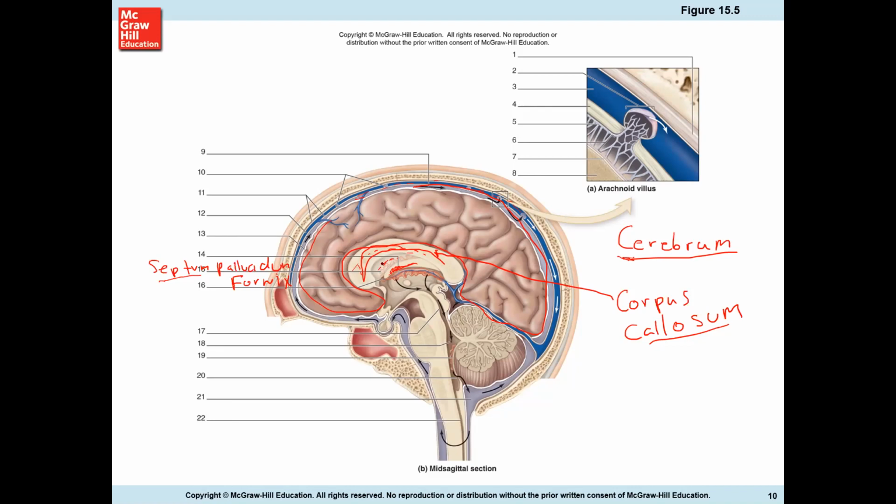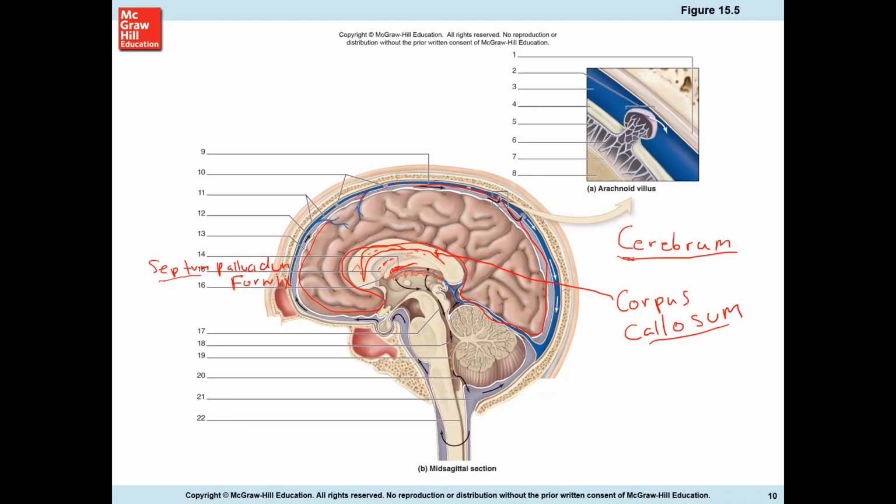So if I'm pointing to that and you said ventricle, you'd be right. It's hard to say what I would have to say. Name the membrane, and then you'd say septum pellucidum. If I said name the cavity, you have to say lateral ventricle. Right? In this case, it's the right lateral ventricle, but that's not that important.